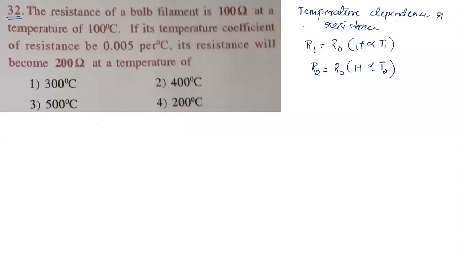So now look at a resistance, a bulb filament, how much? 100 ohm. At what temperature? 100 degrees Celsius. Let's say R1 is 100 ohm and T1 is 100 degrees Celsius. Then from the first formula it will become what now? 100 equal to R0 times of 1 plus alpha into T1, which is 100.